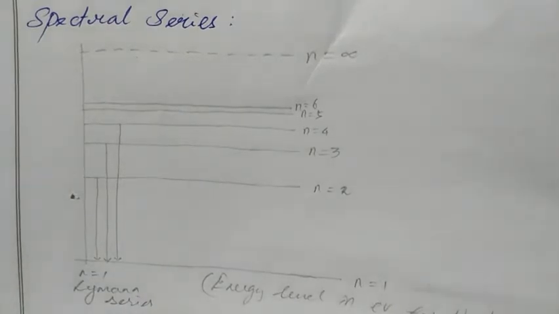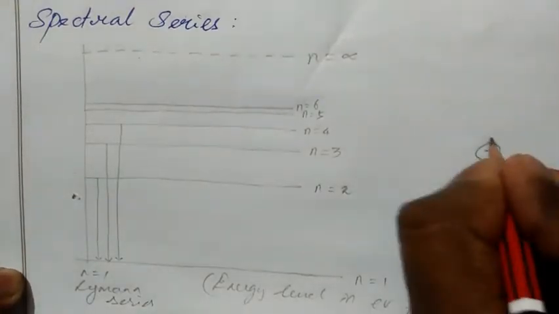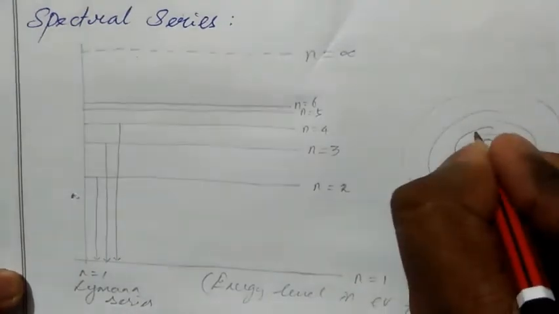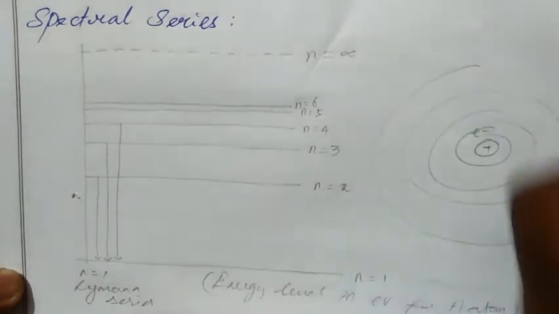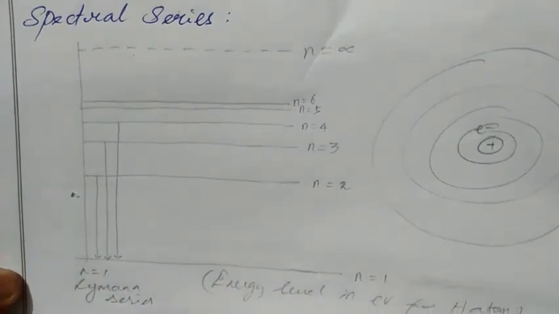In Lyman series, the electron from the first orbital moves to any orbital, and again it returns to the first orbital. These kinds of series are known as the Lyman series.